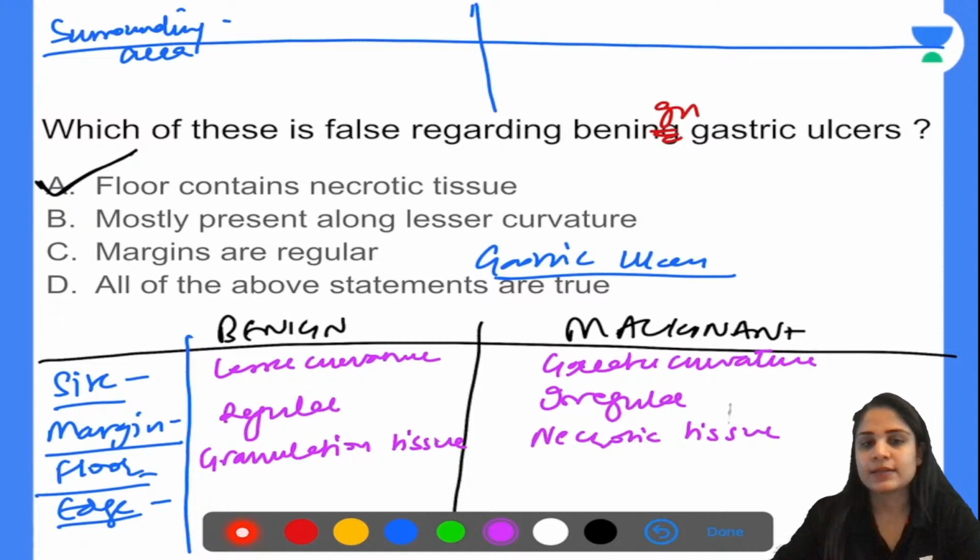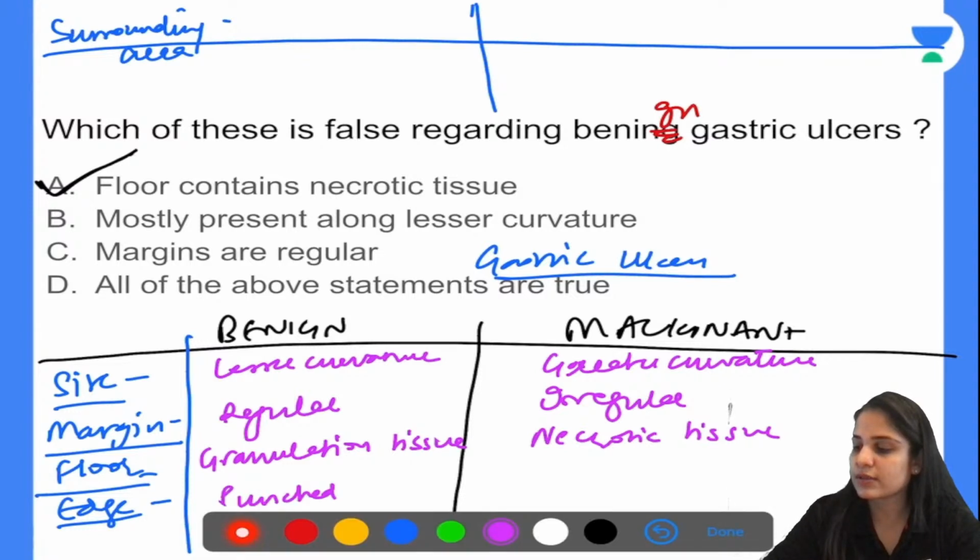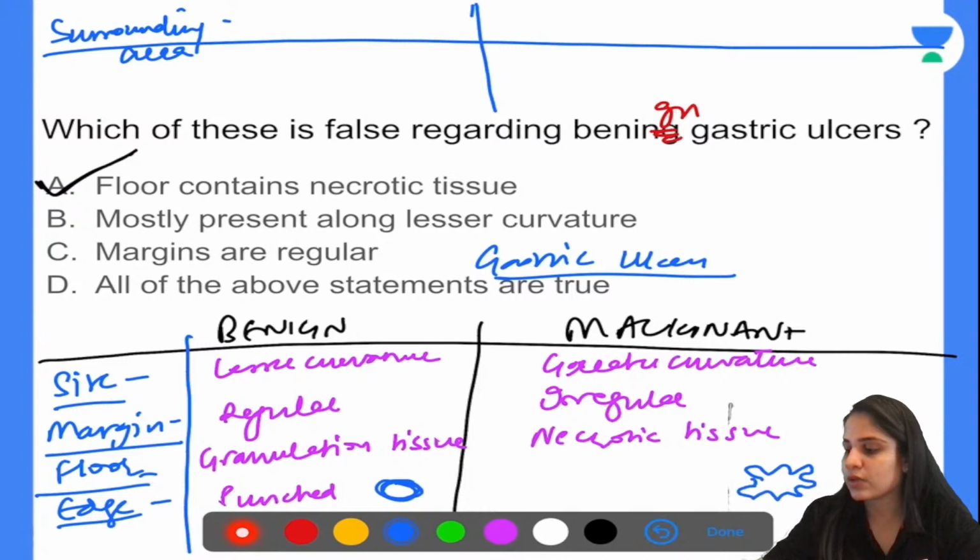Then the edges of a benign gastric ulcer will be punched out edges. So it will look directly like this, regular and punched out. On the other hand, the malignant gastric ulcers will have everted edges like this, rolled out or everted edges.